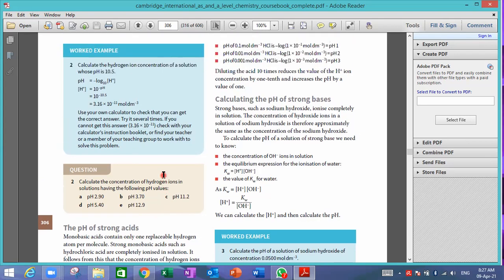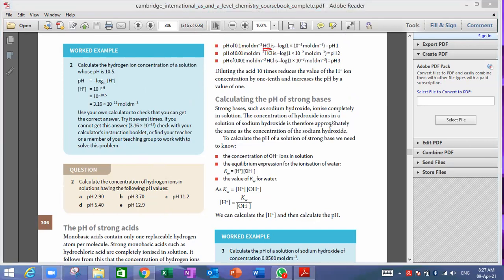Okay, now, as we said here, if he wants us to calculate the pH of 0.1 mole per decimeter cube HCl, since HCl is a strong acid, to calculate its pH we say pH equals minus log the hydrogen ion concentration. So it's 0.1 mole per decimeter cube. This is the concentration of hydrogen ions, because as we said, HCl completely ionizes to give hydrogen ion and chloride ion.